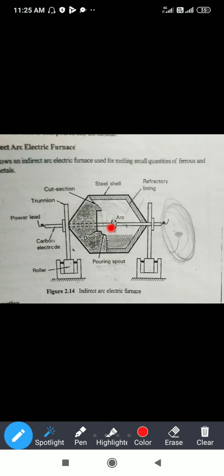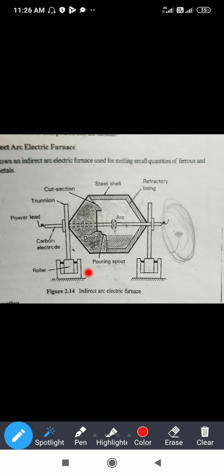With the help of the spark or the arc which is generated, heat is produced within this container, the steel shell in which the raw material or the pig iron is placed. As the heat starts to be produced, the temperature within this closed bucket type, or closed container type shell, starts to increase.